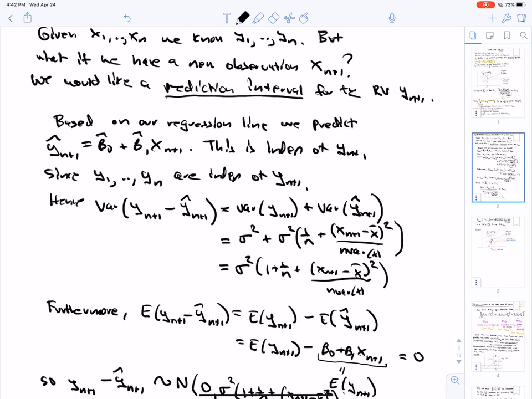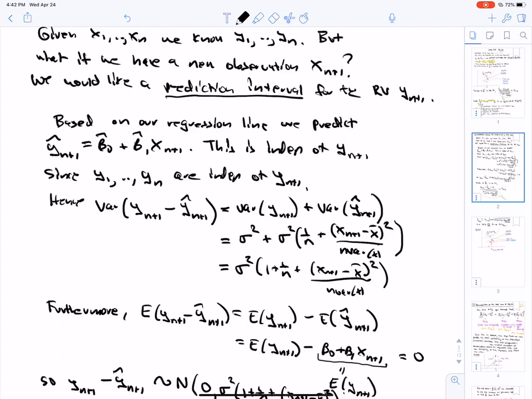Now, based on our regression line, our predicted y value, y hat n plus 1, would be beta 0 hat plus beta 1 hat xn plus 1. So this is independent of our new response variable yn plus 1, since y1 to yn are independent of yn plus 1, right?